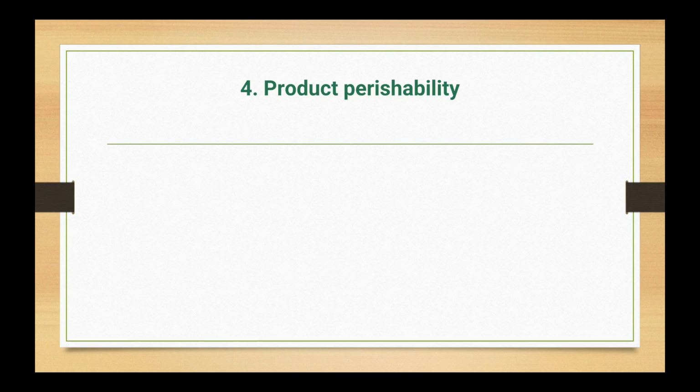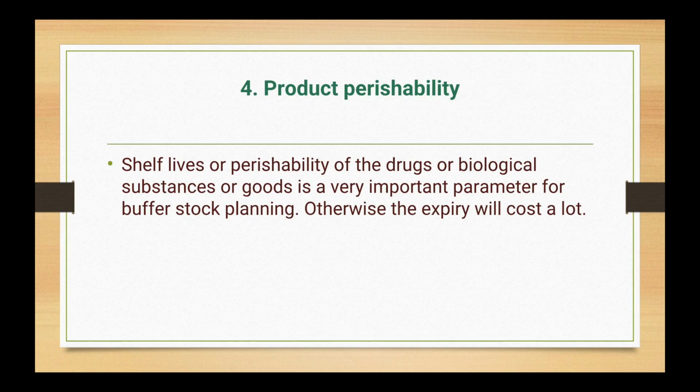Now, product perishability. Product perishability means the destruction of the product, or when the product is expired. Shelf life or perishability of the drug or biological substances or goods is a very important parameter for buffer stock planning. Otherwise, the expiry will cost a lot. When we are planning the buffer stock, we have to take care of the nearest expiry medicines also.